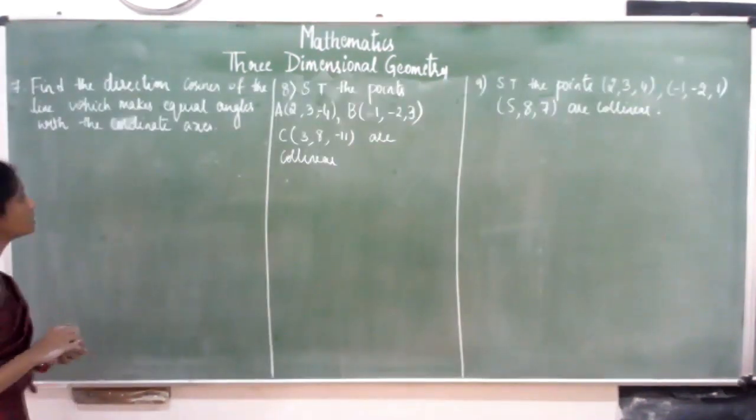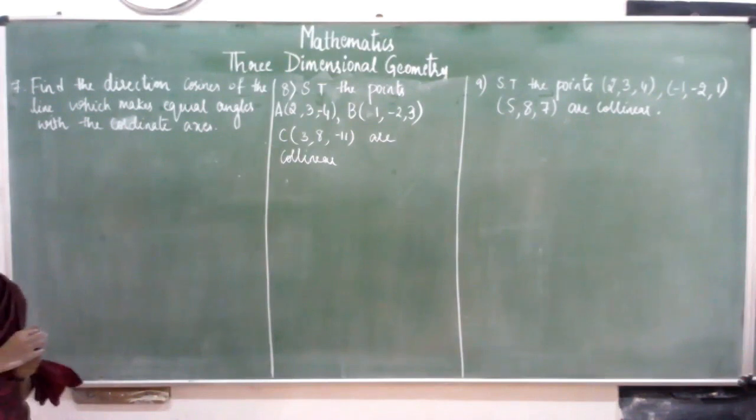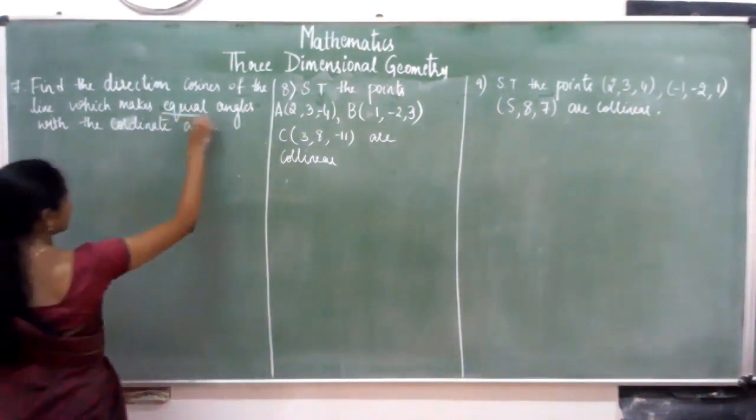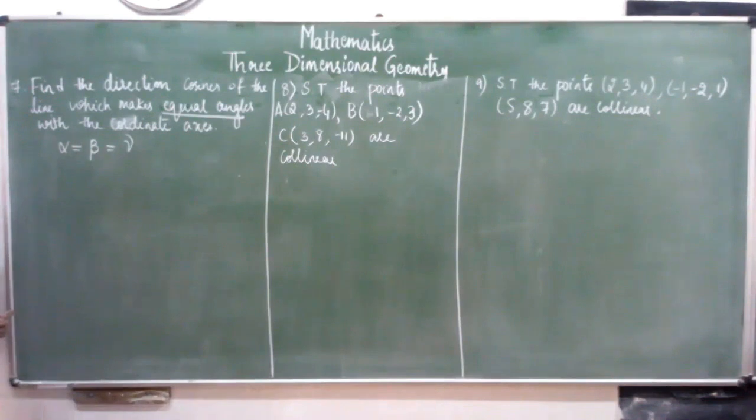Next question, find the direction cosines of the line which makes equal angle with the coordinate axis. We need to find direction cosines, that is L, M and N. They are telling that they are making an equal angle. Means alpha is same as beta, which is same as gamma.